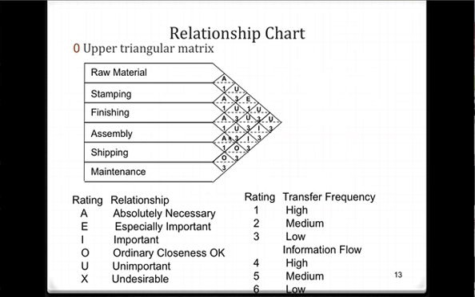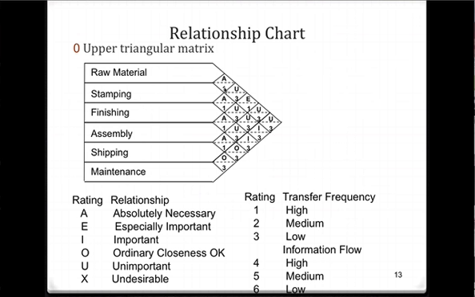In my matrix here, I'm going to indicate, and this is obviously either an upper triangular or a lower triangular matrix because the relationships reciprocate with each other, the strength of the relationship just using letters here, discrete categories. So we can read this and say that between raw material and stamping, I have an absolutely necessary relationship, which means that I'm going to place the raw material storage area close to the stamping area.